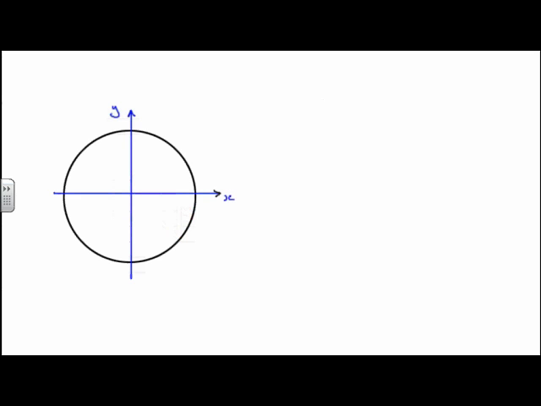Let's go back to the first quadrant. Now we know that from basic trigonometry, the sine of an angle is defined as the opposite side over the hypotenuse, y being the opposite side and the hypotenuse being 1. So sine theta would equal y divided by 1. But y divided by 1 is simply y.